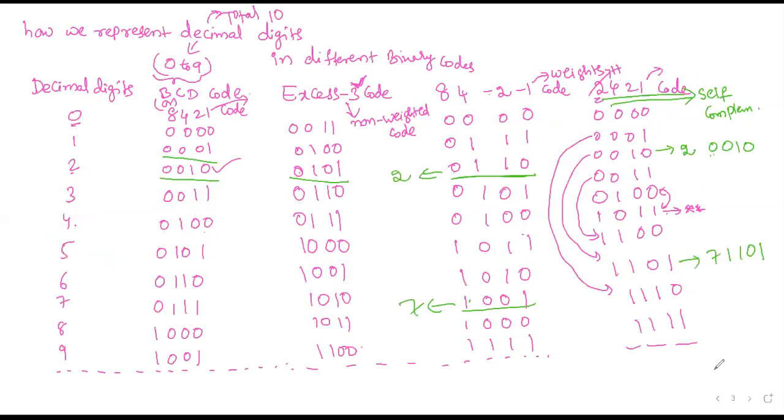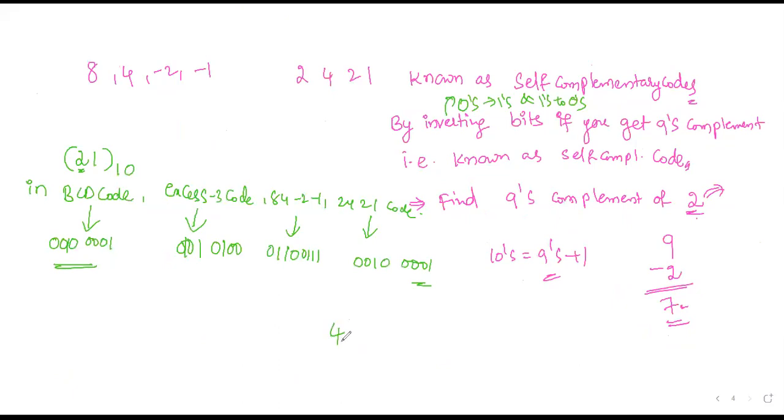Now, one more thing we need to discuss: unused bits. With 4 binary bits, you get 16 combinations. Already we discussed it. With 4 variables, you will get 2 to the power of 4, 16 combinations.